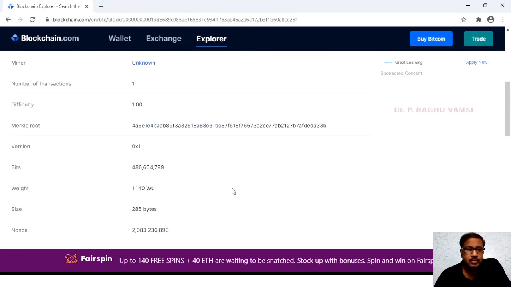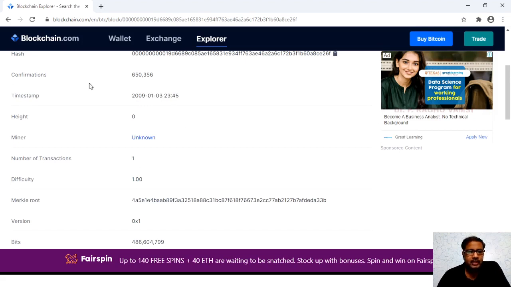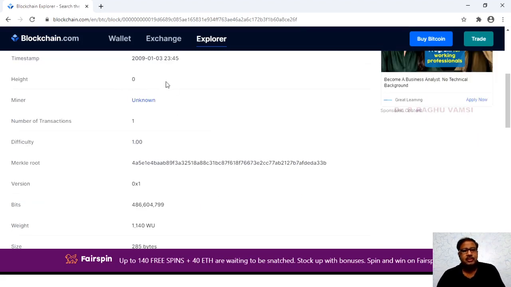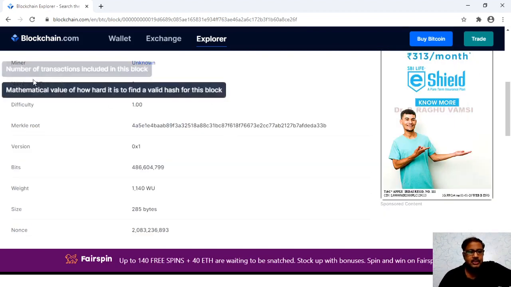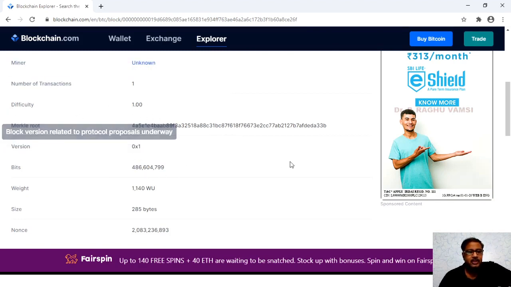Look at this, this is the hash of the starting block, and the confirmations. The timestamp shows when it was created, 2009 March 1st. Then the height is 0, which means it is at the root level. Next, the number of transactions is 1. Here only one transaction is available. The difficulty is 1. Here is the Merkle root, this is what we are supposed to focus on.